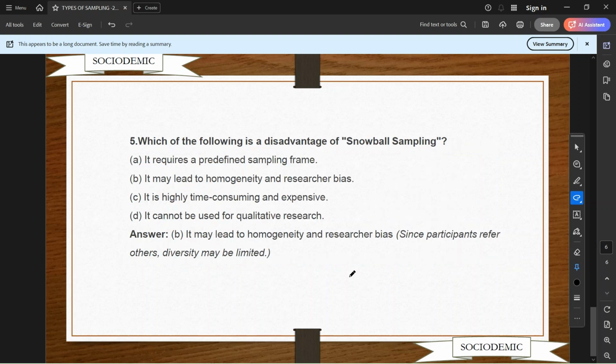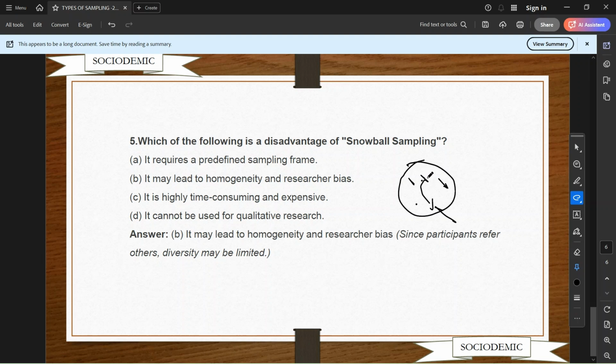Which of the following is a disadvantage of snowball sampling? So friends, what is snowball sampling? For example, this is the population. As a researcher you take the opinion from this individual. This individual refers this individual, because maybe they have some similar characteristics.